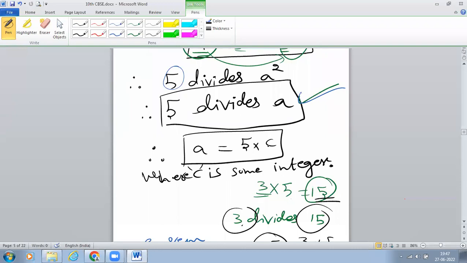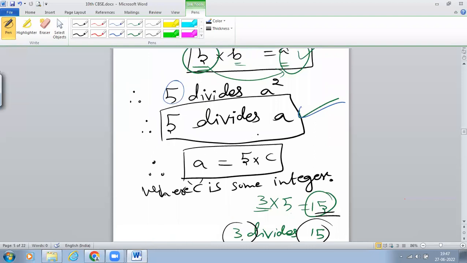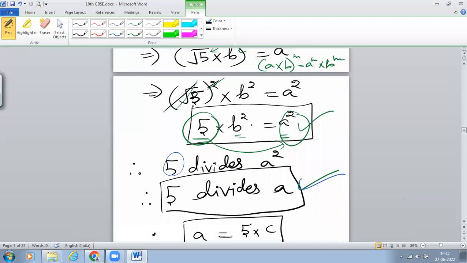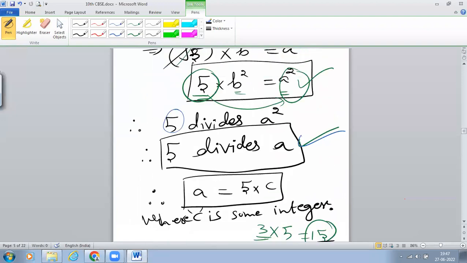Now we got A is equal to 5 into C. I'm going to substitute this A is equal to 5 into C in the equation we already have, that is 5 into B square is equal to A square.